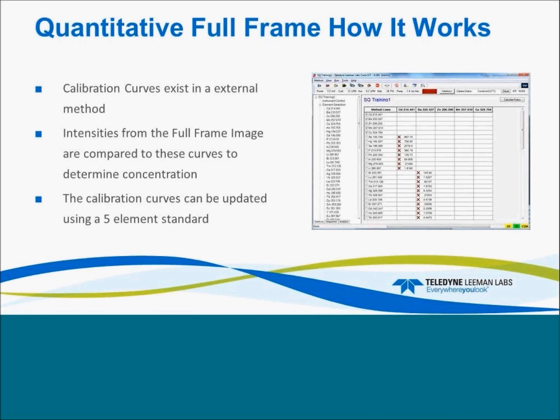I mean, for the highest possible accuracy, of course, you want to do a traditional calibration, but this will allow you to generate information very quickly on the concentrations that are present. So you can add or subtract different wavelengths or different lines, or change the concentrations of the samples you're running. So it's a nice feature. And this is really due to the speed and dynamic range of the CMOS device. So it's a very nice feature.